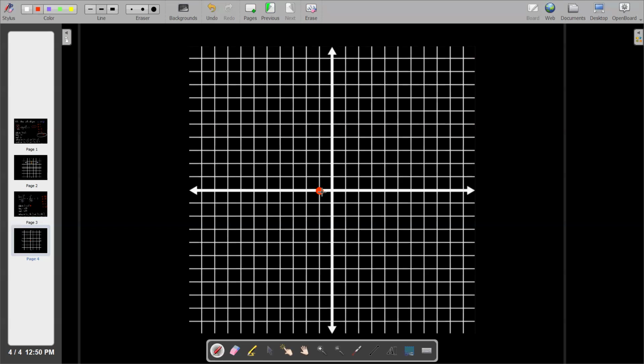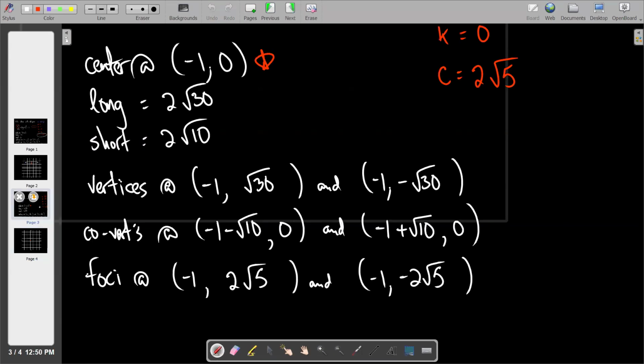And calculators are going to be of massive assistance to us here. It's a vertical ellipse, so let's find our major vertices first. They are going to be above at root 30. Are we all at peace if we just call that 5.5? It's about what it is, right?